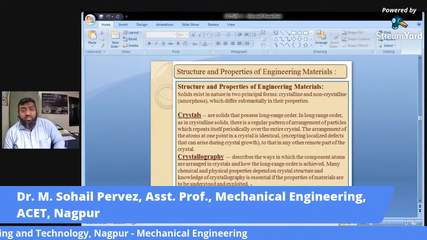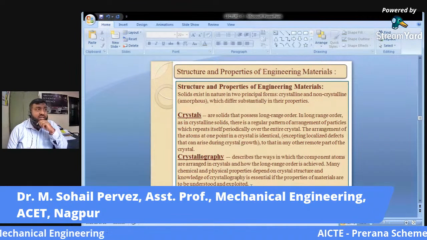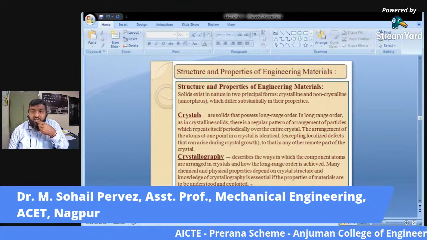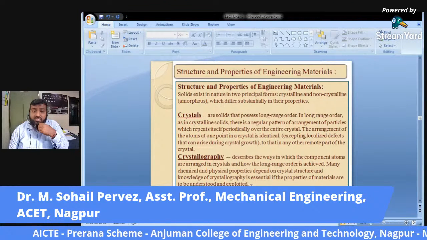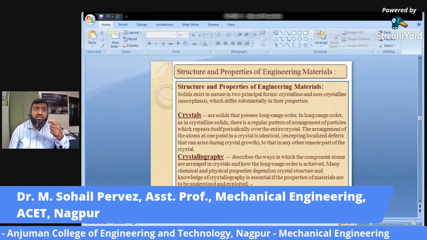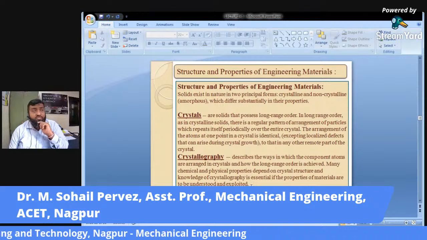So the number one is, when we say solid, a material is in solid state. So how can a material be? A material can be in solid state. Yes, it may be in amorphous state. Now when I say amorphous state, in the same way I can say it as crystalline and non-crystalline.